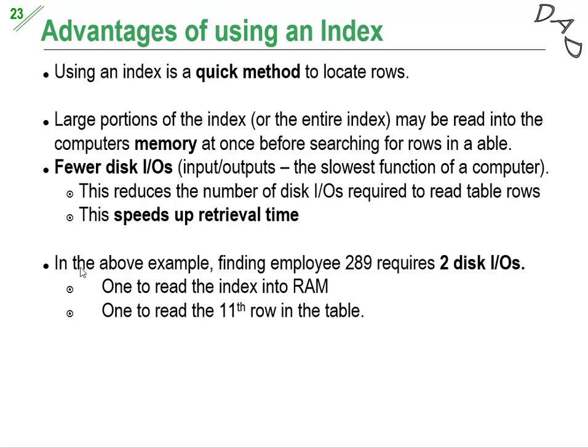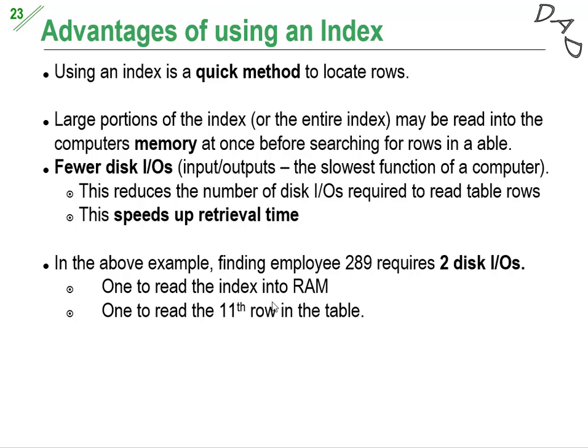Now, as an example, to find this employee number 289, on average we actually need to have only two reads, isn't it? The first read is we need to read the index into our computer memory, and the slicing and dicing and binary search is going on inside the memory.